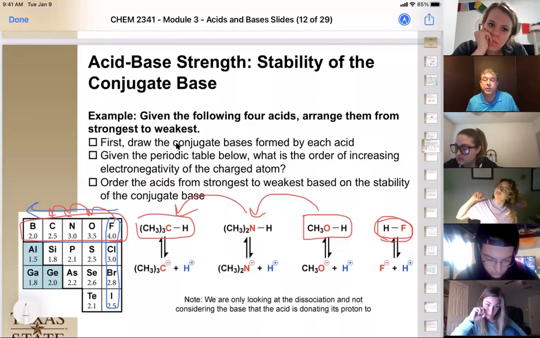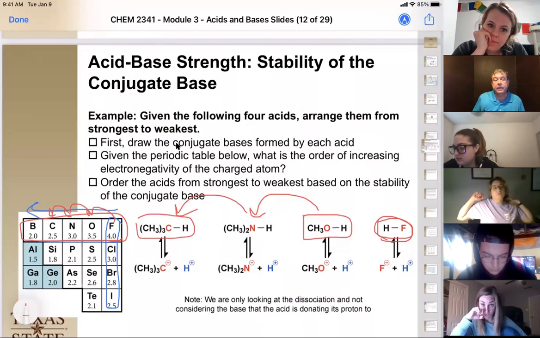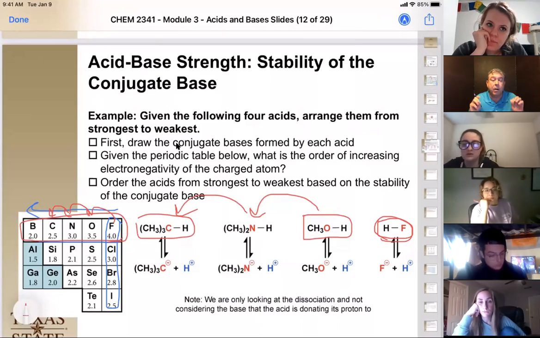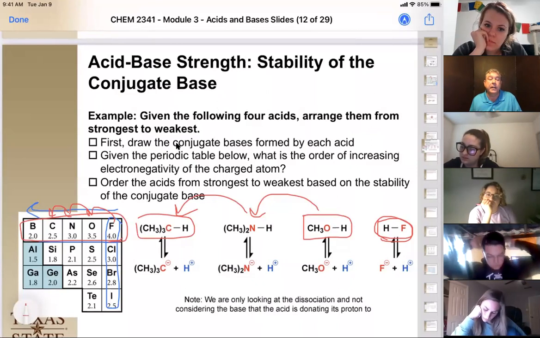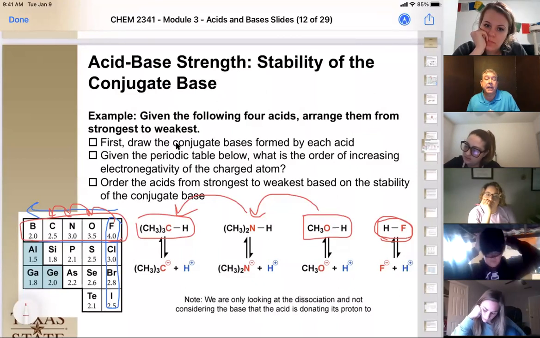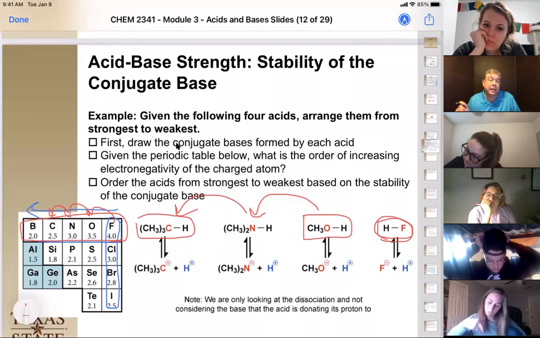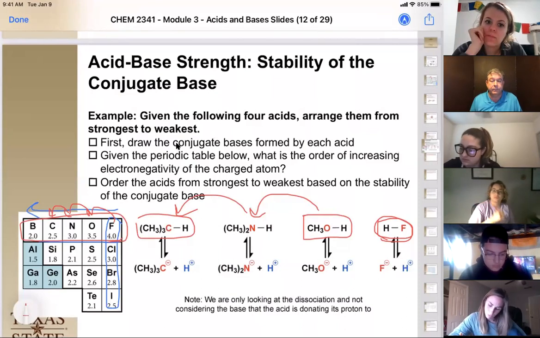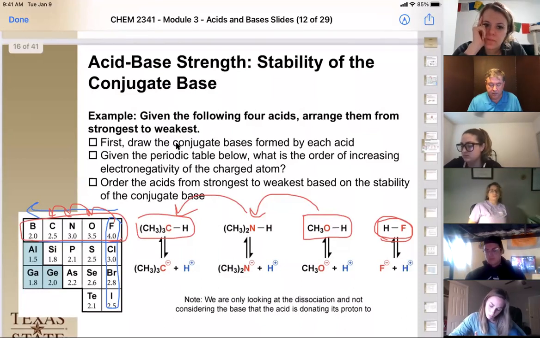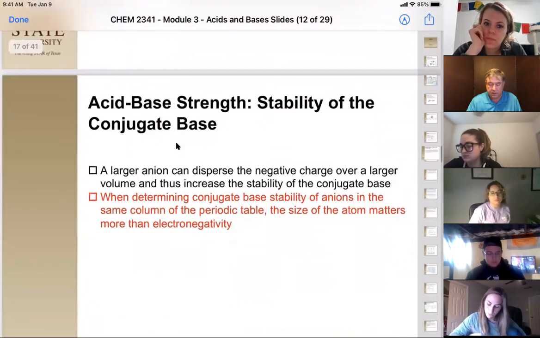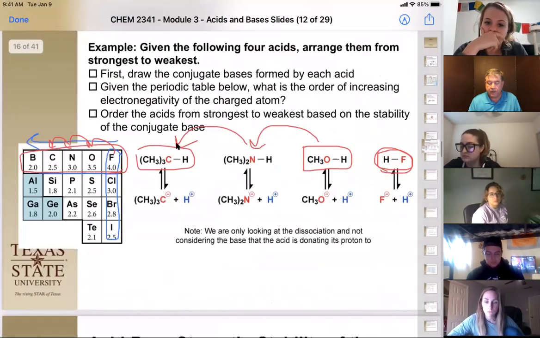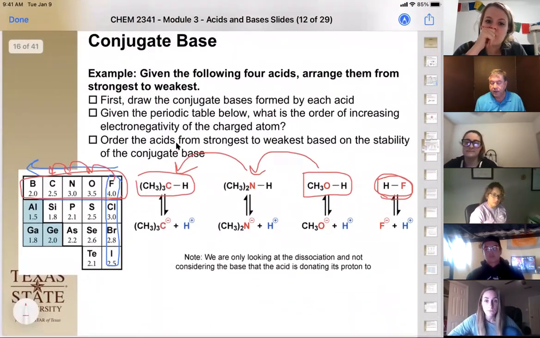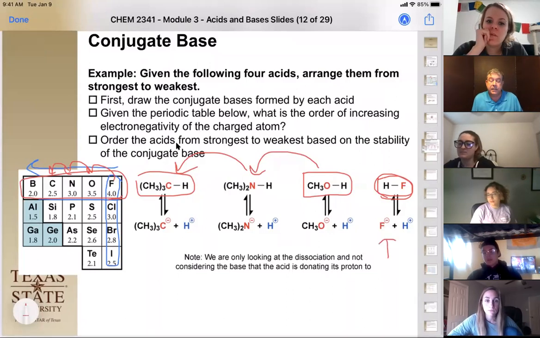And it has everything to do with that idea that the carbon is less stable as the anion than the nitrogen would be. The nitrogen's less stable as the anion than the oxygen will be, and the oxygen is less stable than the fluorine because of that difference in electronegativity. And if we remember a couple of our things right here, HF is right around 0.